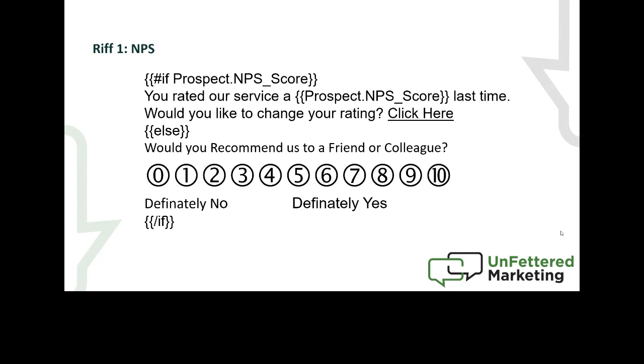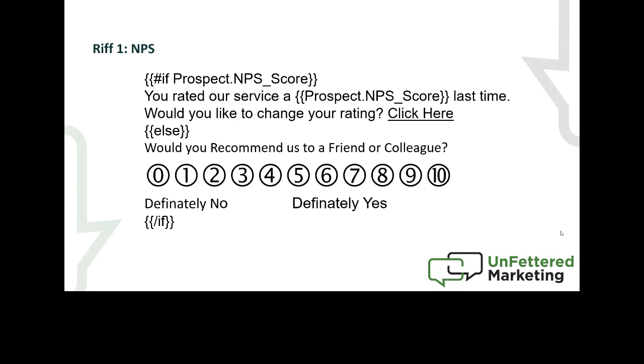The idea here, in terms of showing or not showing, is that the custom field here is looking at whether they have an NPS score yet. Do they have an NPS rating? If they do, show them a message that says, you rated us this score last time. Would you like to change your rating? Click here, and you could go to a landing page that has the NPS survey on it.